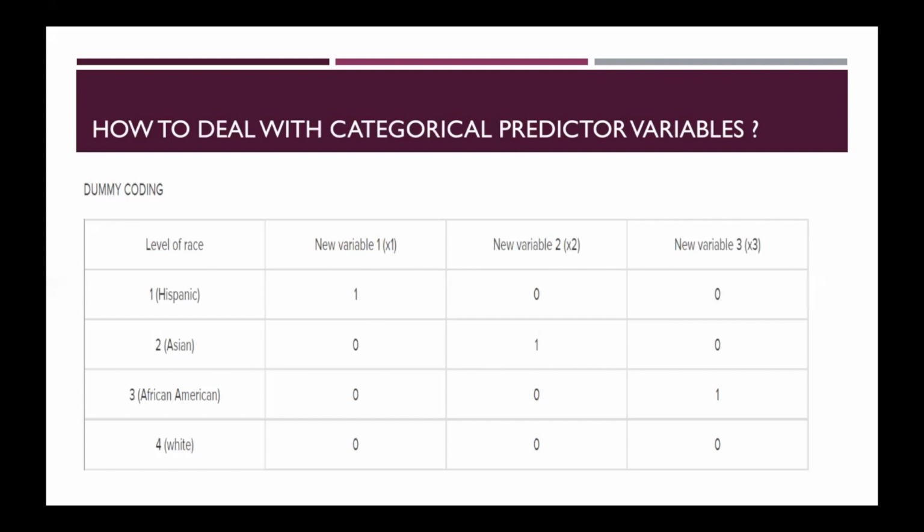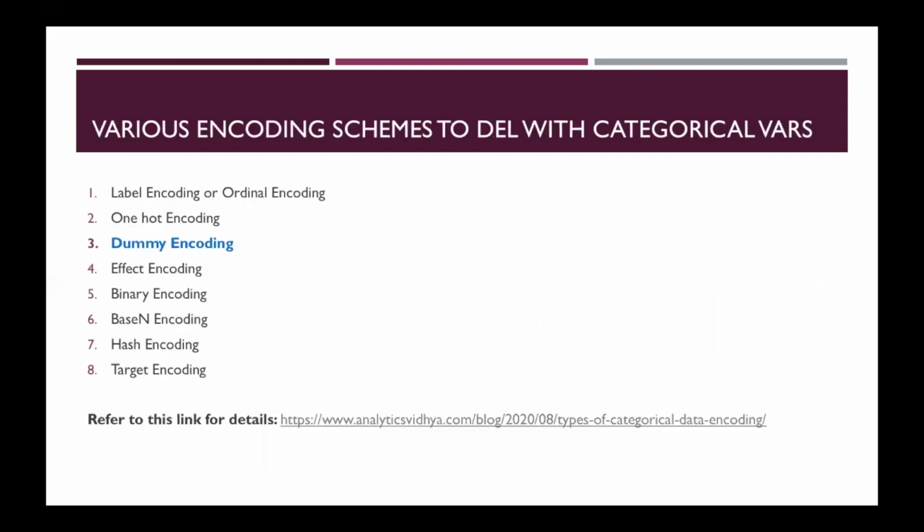This is the kind of dummy encoding which we'll be using for our hands-on exercises also. Apart from dummy encoding, there are other kinds of encodings like label encoding or ordinal encoding, one hot encoding, effect encoding, binary encoding, base and hash target. But as of now, we'll be using dummy encoding only.